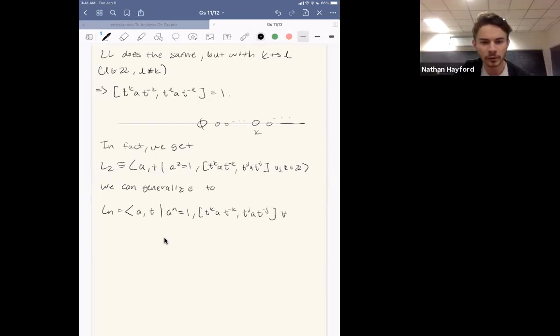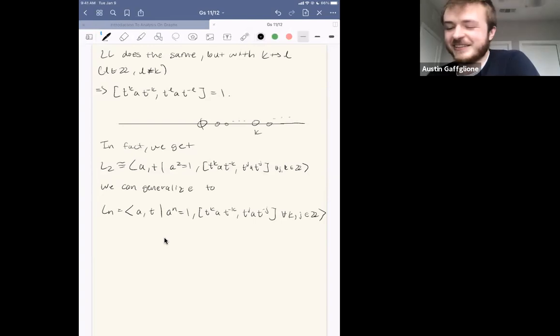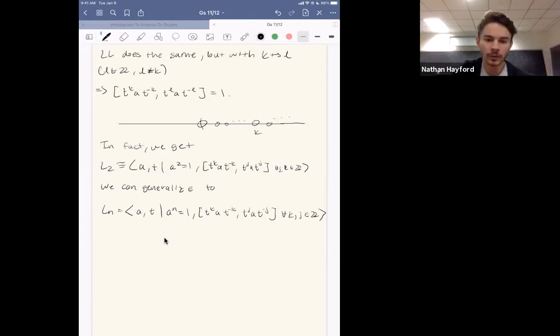So the n Lamplighter group is like the light has n different colors, or maybe n different settings for the light. Yes, you can think of it as n different settings. So the settings for the bulbs can range from 0, which is off, all the way to n minus 1. So 0, 1, 2, 3, all the way to n minus 1.